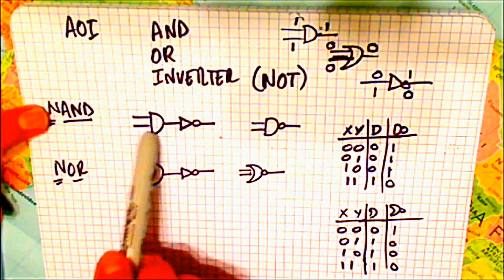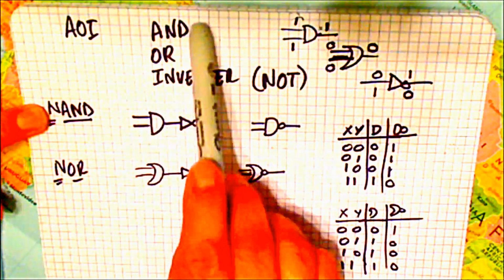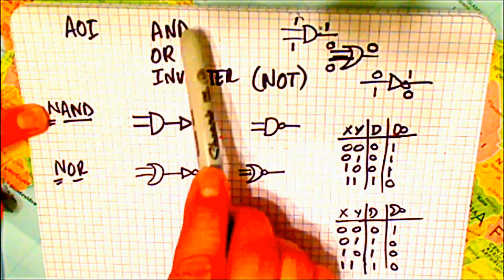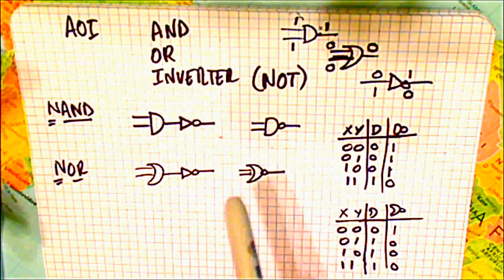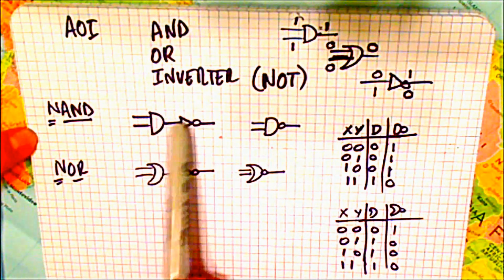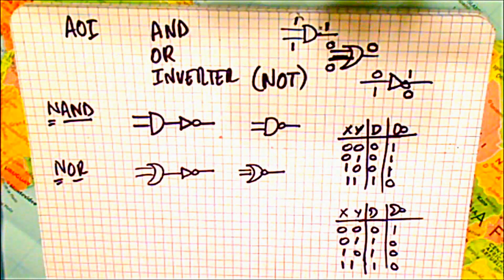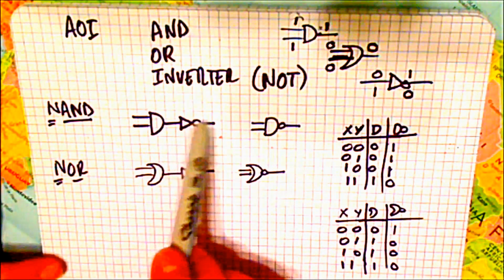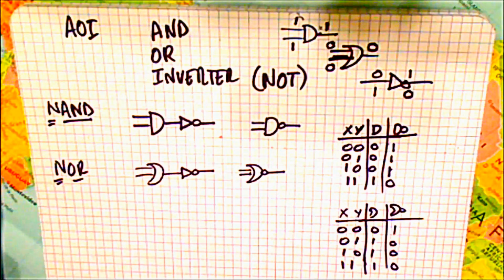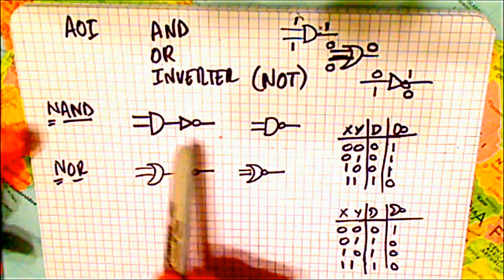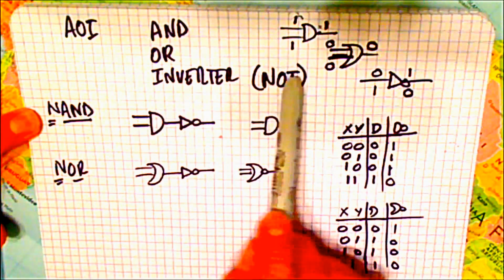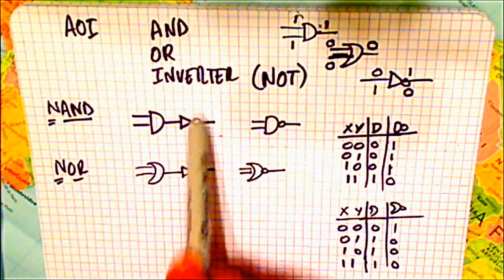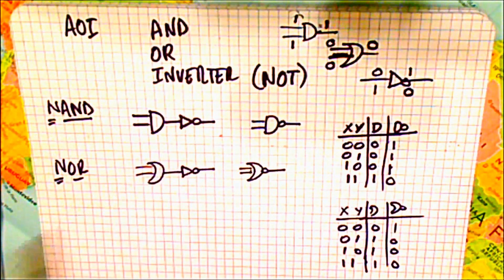As you can see, the NAND gate and the AND gate are almost identical, with the exception of that inverter. So if we want to, we can work with this first, but we are going to start with the inverter because we're going to need it for the remainder of the examples.